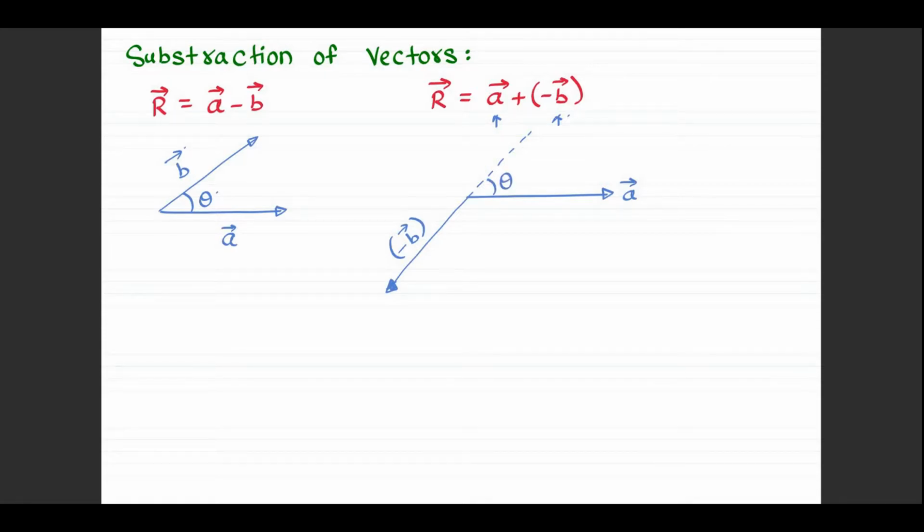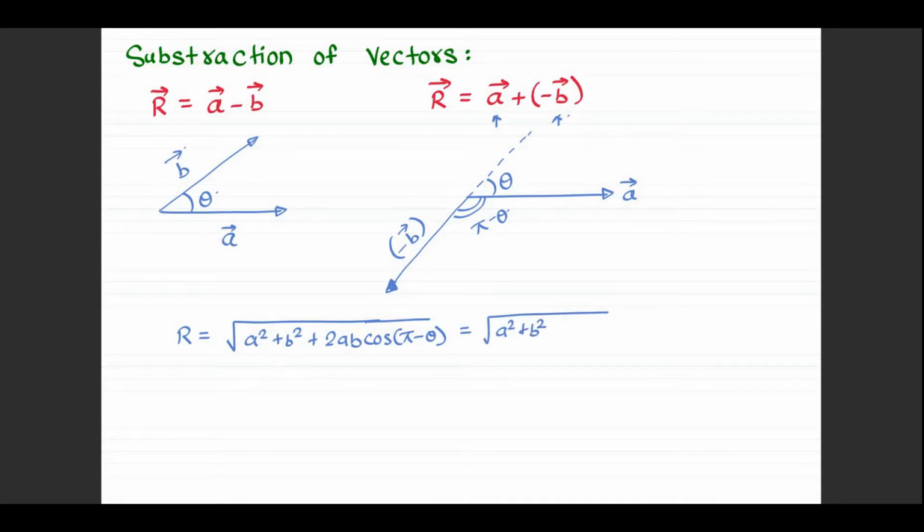This angle was theta. This then becomes 180 minus theta, or you can say pi minus theta in radians if you are dealing with radians. So can I say the magnitude then becomes root over a square plus b square plus 2ab cos of the angle between the vectors, which is now pi minus theta. And cos of pi minus theta is minus cos theta.